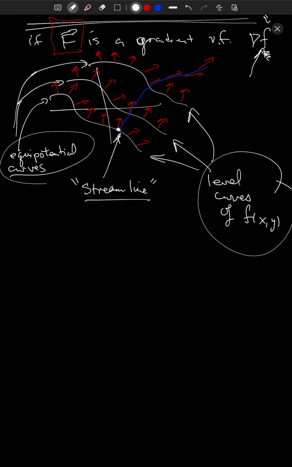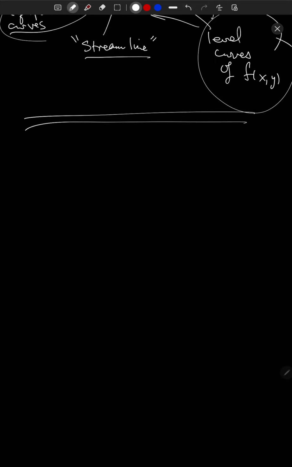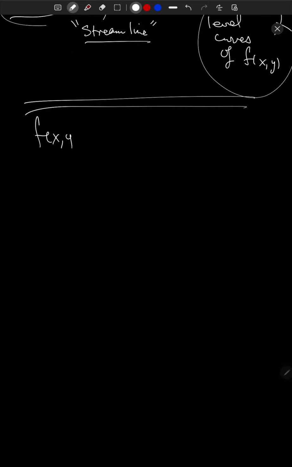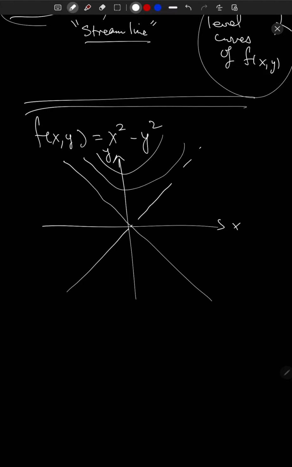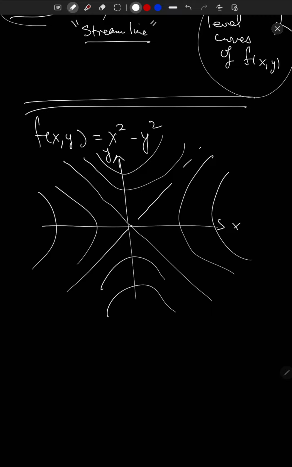All right, so as an actual example, perhaps we can look at a function like this, right? x squared minus y squared. We've seen this guy a couple times in the class, and we know that the level curves look something like this, right? This is the zero level curve, and then we have the other level curves like that.